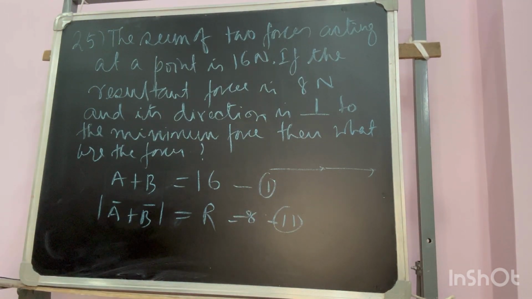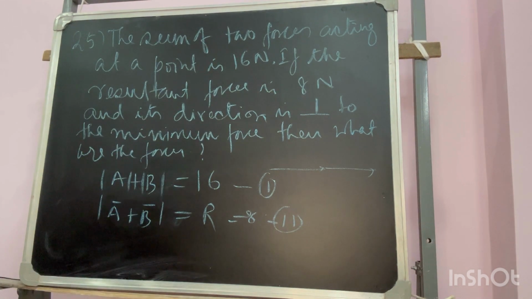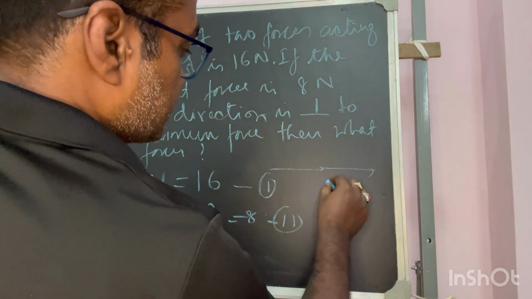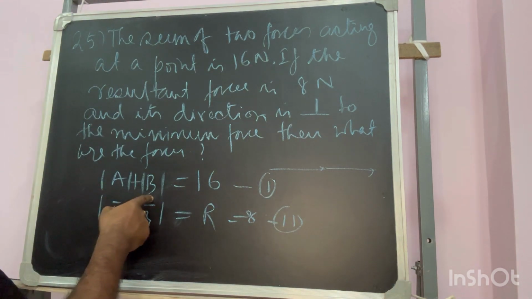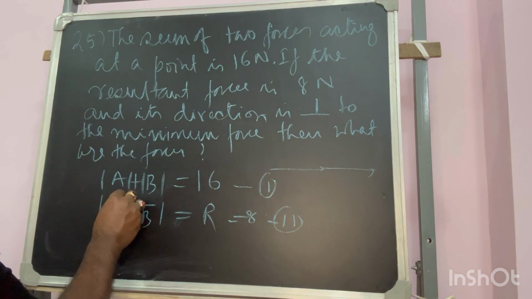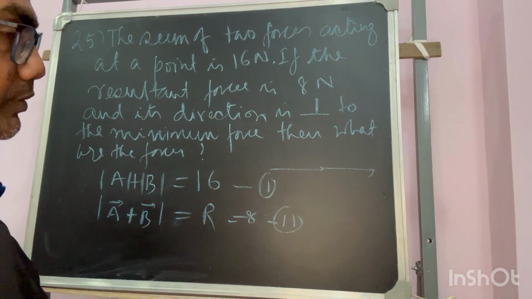Sum of the forces means if I take the magnitude of the two forces individually, it will be 16, and the resultant, that means if I add the vectors with the parallelogram law, will give this one.